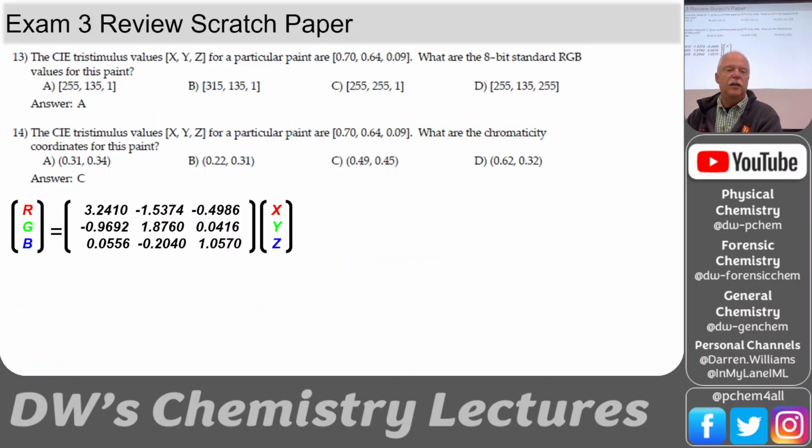So here's the matrix that those companies that I've talked about, Microsoft and Adobe and all of those companies, decided on this matrix in particular to convert the XYZ to RGB values. And so it's left multiplied. That means we take this first row and multiply by this column, and that gives us the R value.